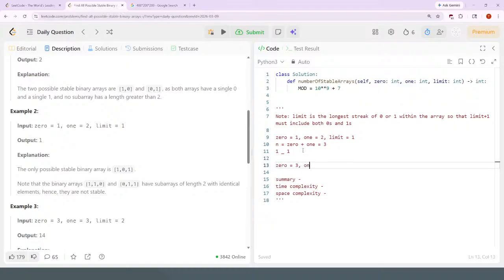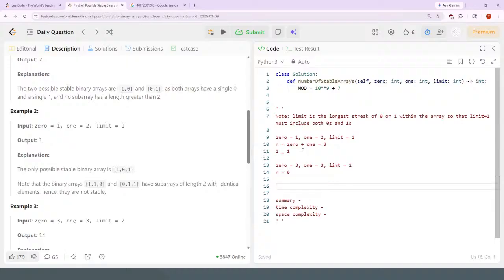So zero equals 3, one equals 3, limit is 2. So the sum of that is going to be 6. So if I have 6 and I'm putting 3 ones somewhere within that. Three ones. It's kind of similar to some sort of combinatorics thing, 6 choose 3.